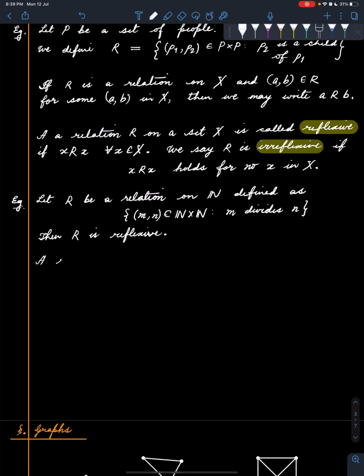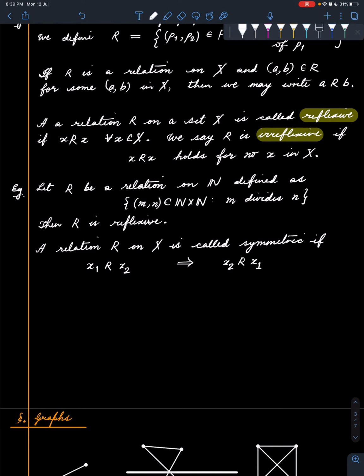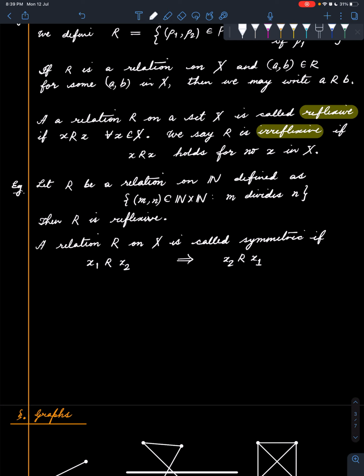A relation R on X is called symmetric if whenever we have x1 R x2 for some x1 and x2 in X, we have x2 R x1. Right? So that's a symmetric relation.